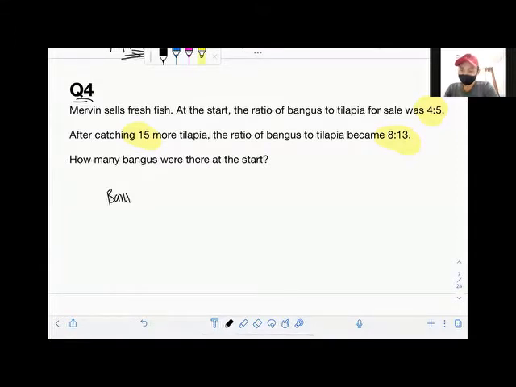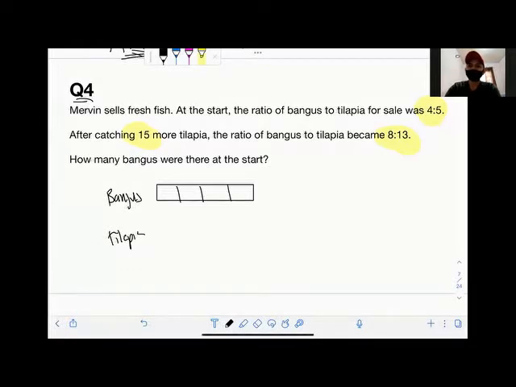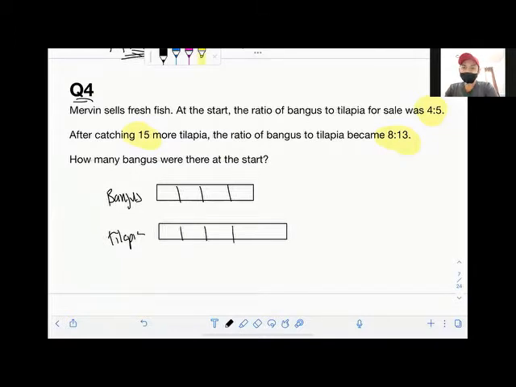Okay, so bangus at tilapia. 4 na boxes po sa bangus, sir. Okay, 4 na boxes para sa bangus. 5 boxes po, sir, para sa tilapia. Tapos so yan na po yung 4:5.